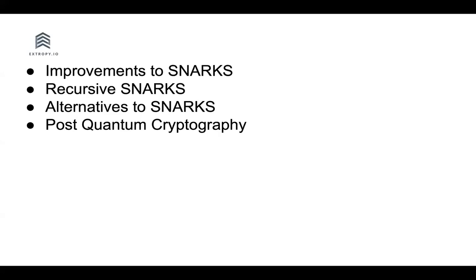Alternatives to SNARKs: this is the idea of other zero-knowledge proofs that don't require a trusted setup, such as STARKs. And then also, there's a lot of research going into post-quantum cryptography. Again, this is an area that doesn't just apply to zero-knowledge proofs, but it also is important for blockchain, and also important outside blockchain.